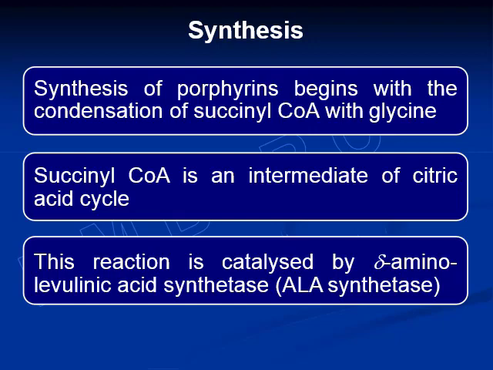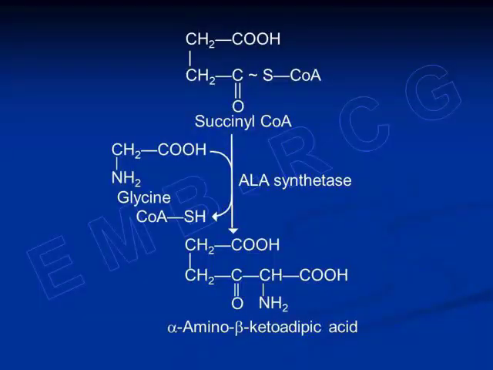This condensation reaction is done by the enzyme ALA synthase, or delta-aminolevulinic acid synthase. As you can see in this diagram, succinyl CoA will get condensed with glycine into alpha-amino beta-keto adipic acid, with the help of ALA synthase.